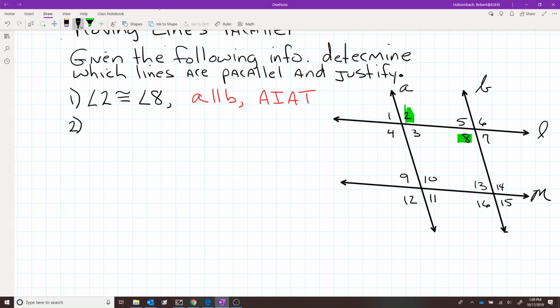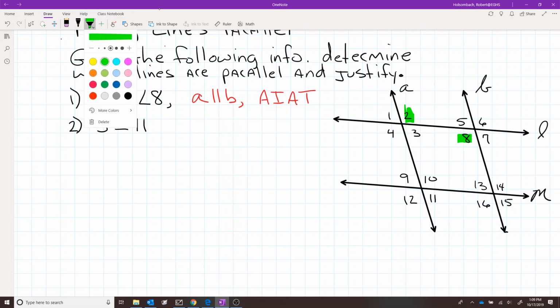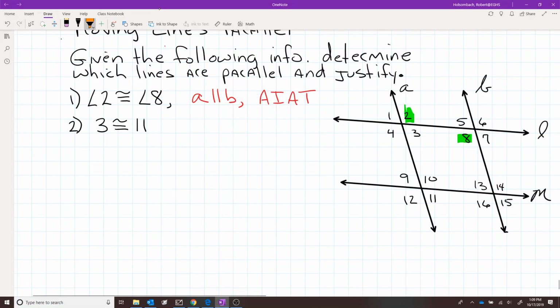Second piece of information, angle 3 is congruent to 11. So if you identify 3 and 11, we'll go with orange here. We got 3 right here and 11 right there. Do you recognize the relationship between 3 and 11?